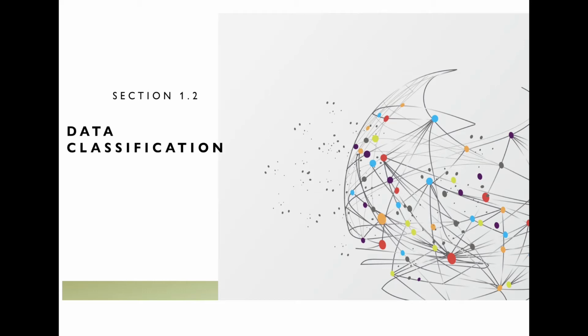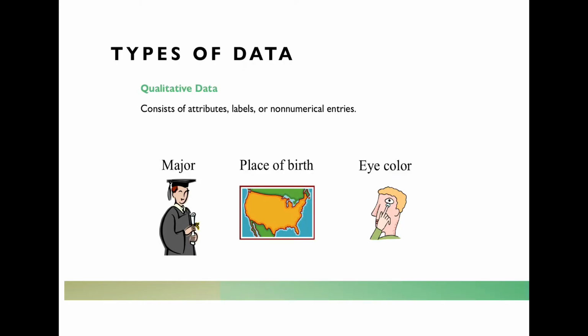In section 1.2, we're going to look at different ways that we classify the data that we've collected. As we talked about in the earlier video, whenever we collect data from a population, either through surveys or through observations, there are times where we have numbers that we've collected, and times we have names and labels, yeses and nos, these types of things as our data.